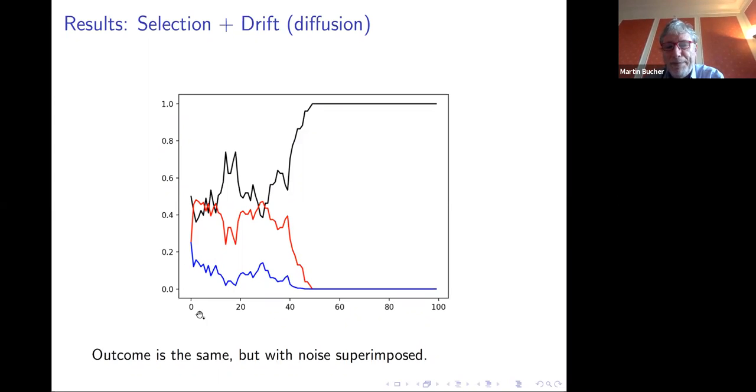The population wasn't that large, but if I reduce the selection coefficients and increase the population, I can get the same sort of behavior. So there is a continuum limit to this process.